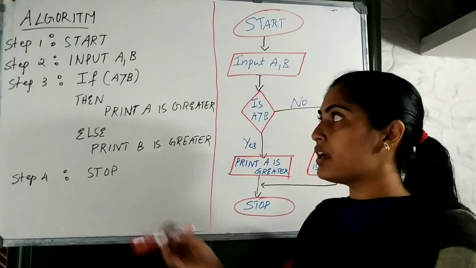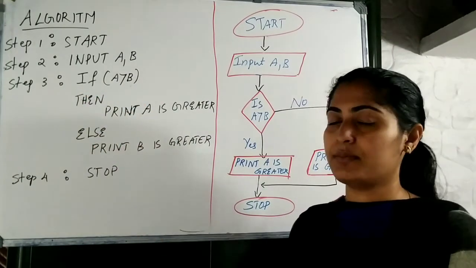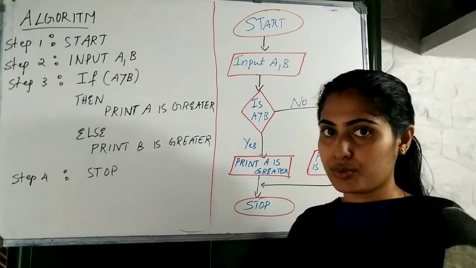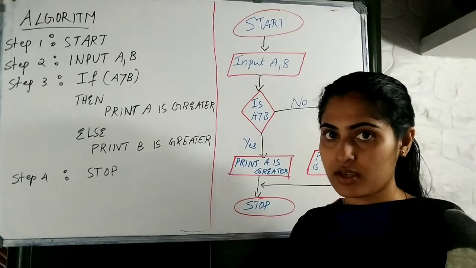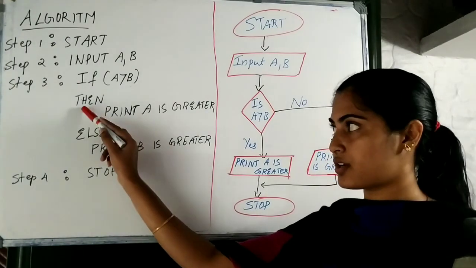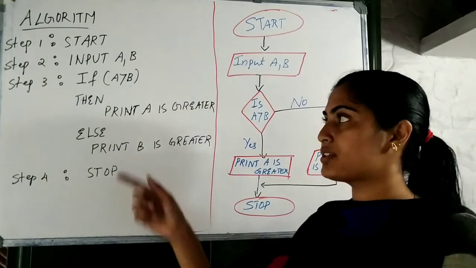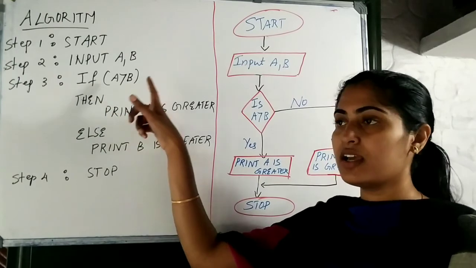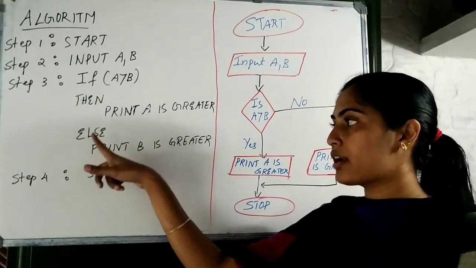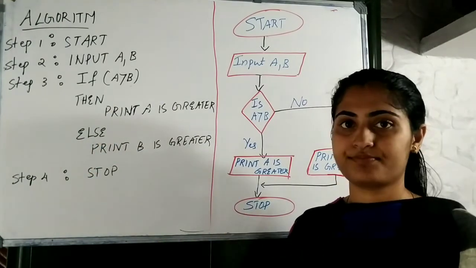Once again, here I am checking a condition, that is if A greater than B. There are two possibilities: either my condition can be true or it can be false. If my condition is true, then the computer will follow the instruction after then, that is print A is greater. If the condition is false, that is A is not greater than B, then the computer will skip this part and come over to the else part and it will print B is greater.